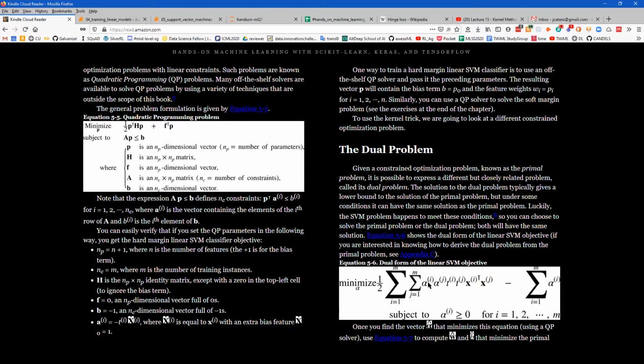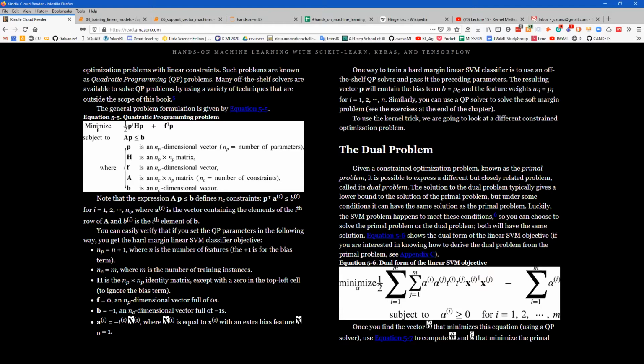Does that make sense? Most problems, you have way more data points than you have features, but that's not always the case. Sometimes you have a lot of features with fewer data points, and that kind of problem can be solved faster with the dual.